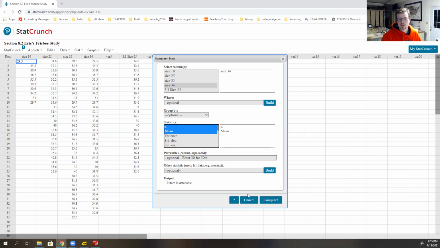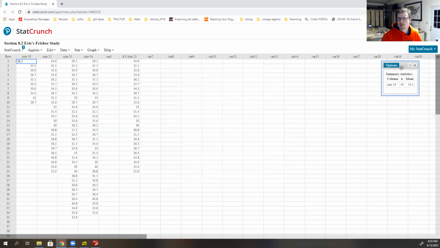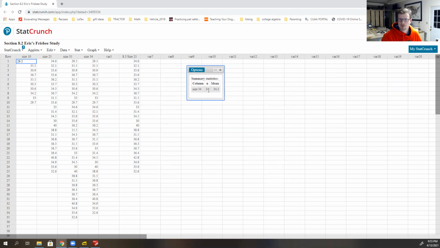So check the size and the mean, compute, and here we are. We have 34 observations there, and the mean is 34.1. So we have all the information we need in order to move forward in our computations, assuming that we get through the assumptions. So let's take a look at those.